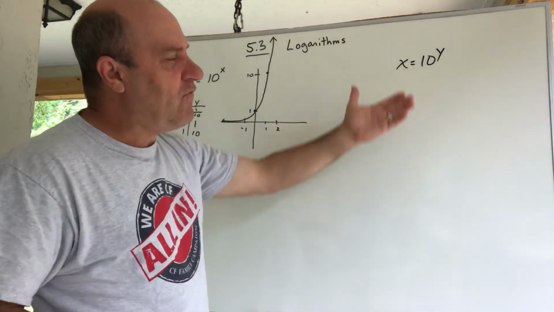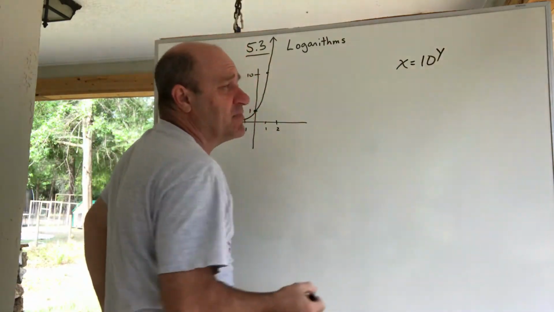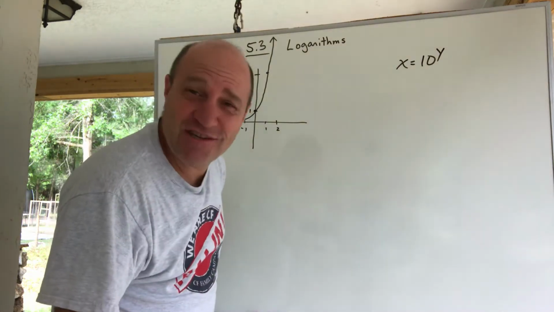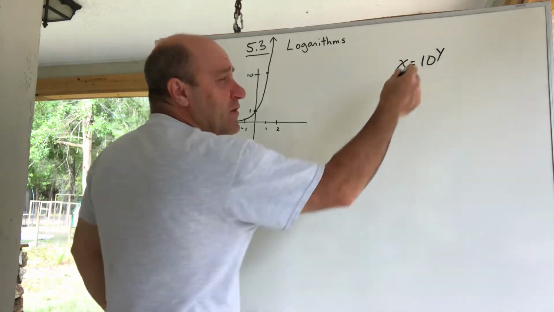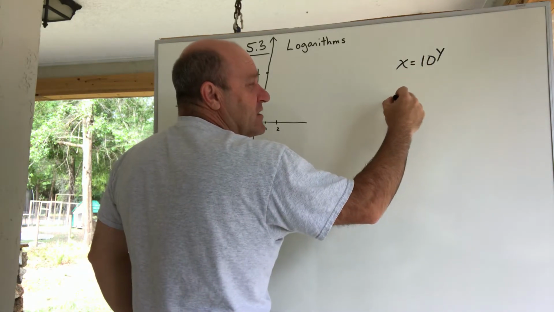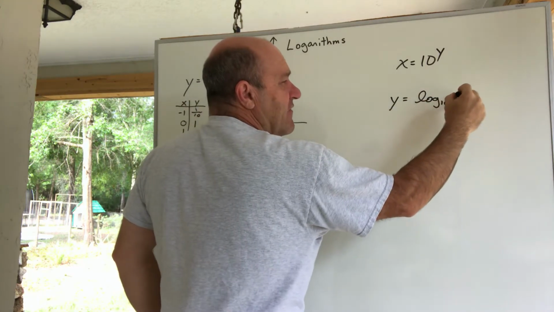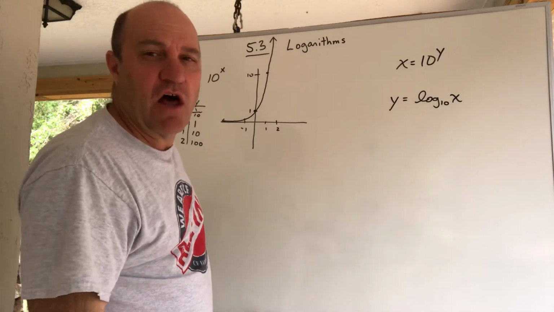To solve for y, mathematicians have invented this notation. y is the exponent, and there's no real way to unexponentiate that until we invent the concept of logarithms. So we rewrite this as this: y equals the log base 10 of x. That little subscript 10 tells me the base of the logarithm.